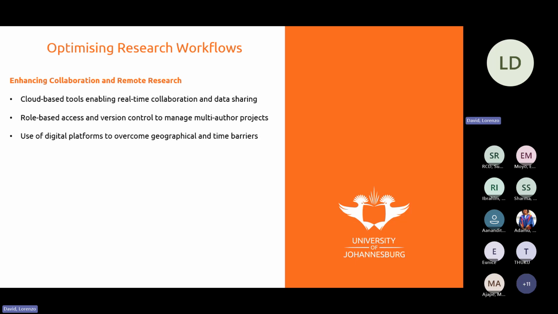So in terms of how it enhances collaboration and remote research, the first one will be your cloud-based tools, which allow real-time collaboration and data sharing. Many of us will be familiar with this in terms of using documents that many people can edit, if it's a paper. So many authors can work on the paper at the same time, as a simple example. Then we've also got role-based access and version control to manage multi-author projects.